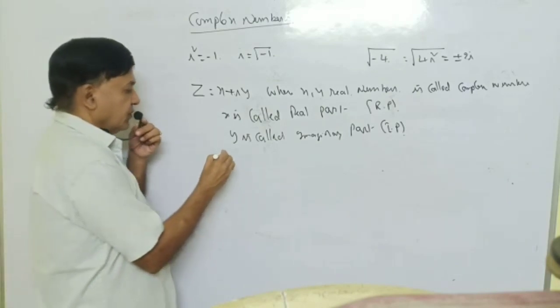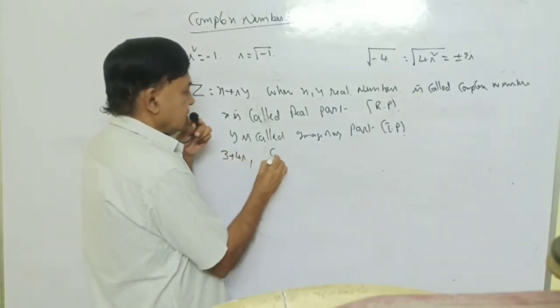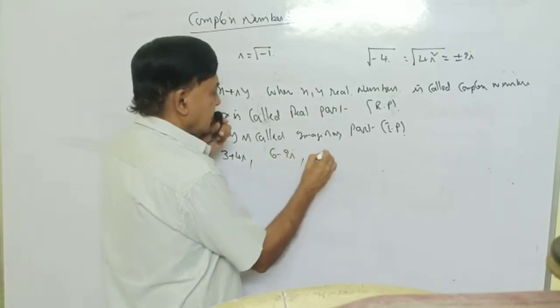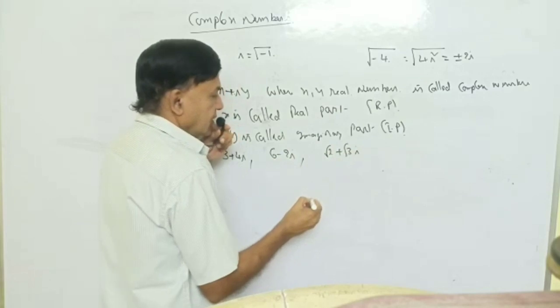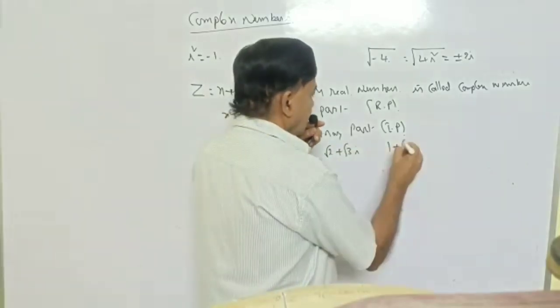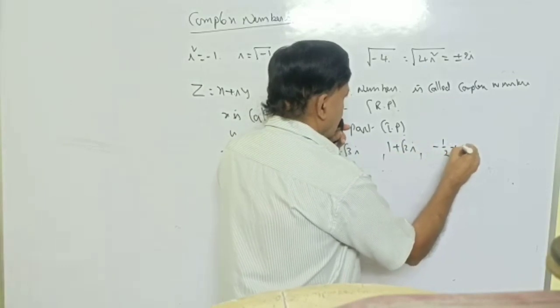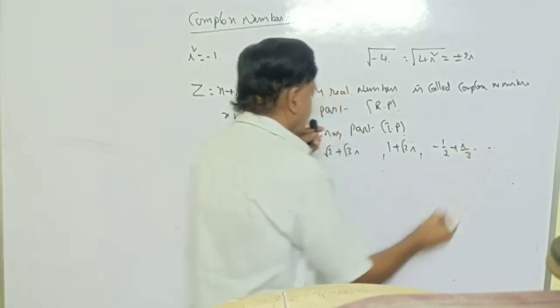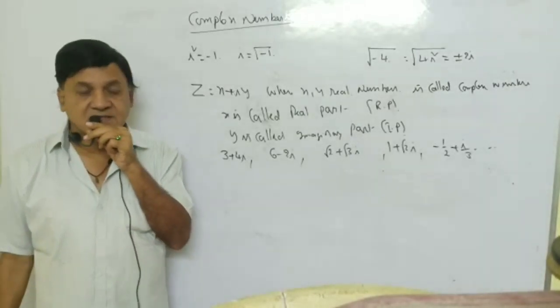For example, 3 plus 4i, 6 minus 2i, root 2 plus root 3i, 1 plus root 2i, minus 1 by 2 plus i by 3. These are all examples of complex numbers.